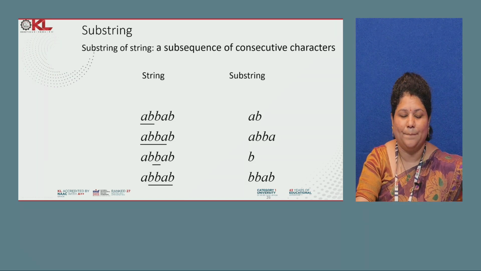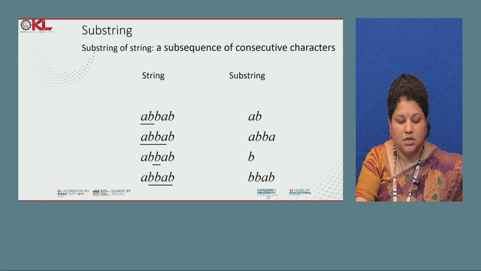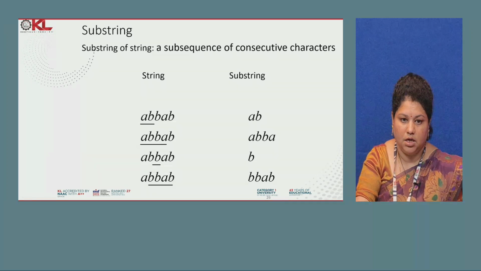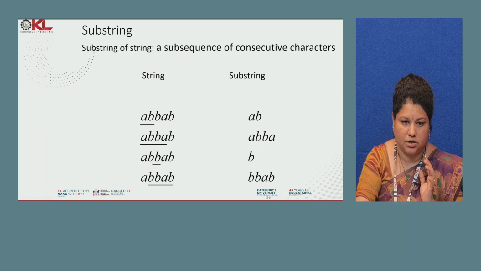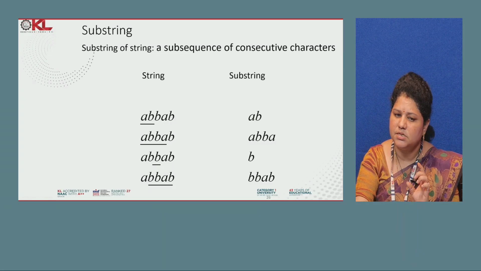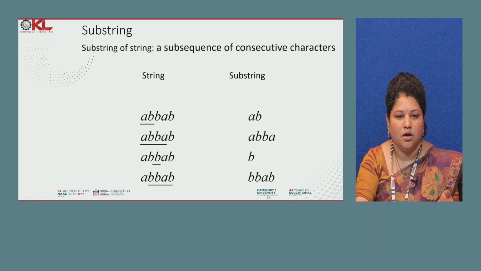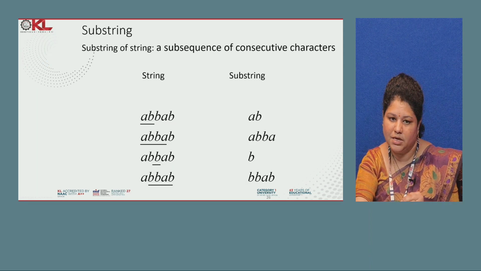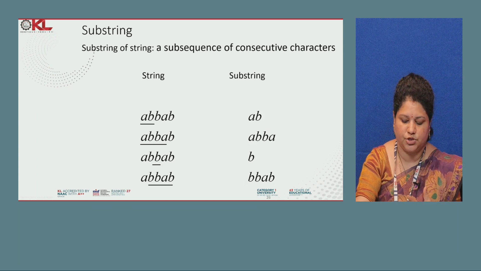Substring means a part of the string. In the given example ABBAB, any kind of part of the string we can take from the given string. So ABBAB is a string. What is a part of the string? Either AB, or BB, or BA, or AB. These are all considered as substrings.